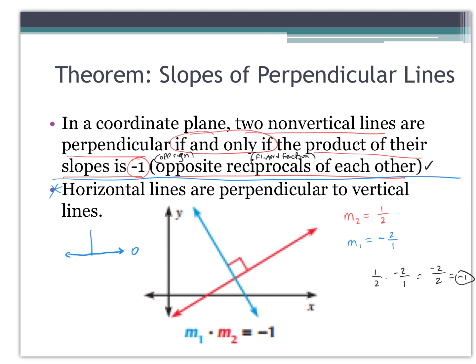So horizontal lines and vertical lines, which are undefined, those two lines are always perpendicular. So they don't meet the requirement of having a product of -1. Their slopes aren't opposite reciprocals of each other, but they are in fact perpendicular lines, and it makes sense. So again, this is kind of the one exception to the rule above.